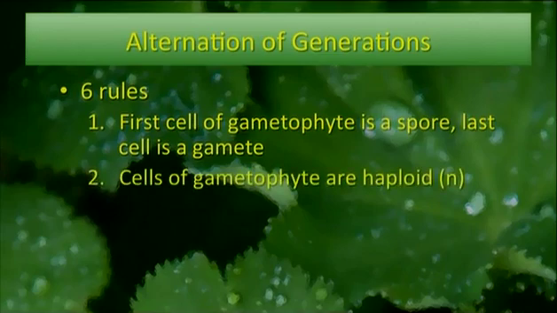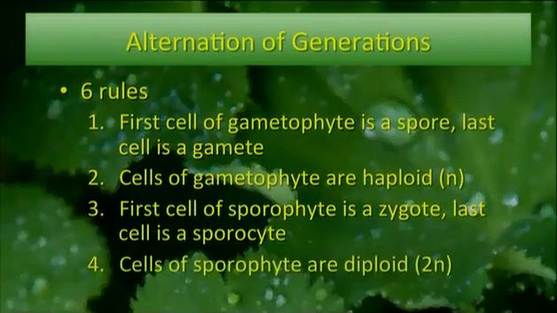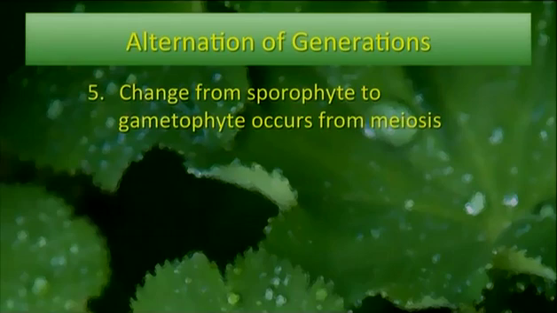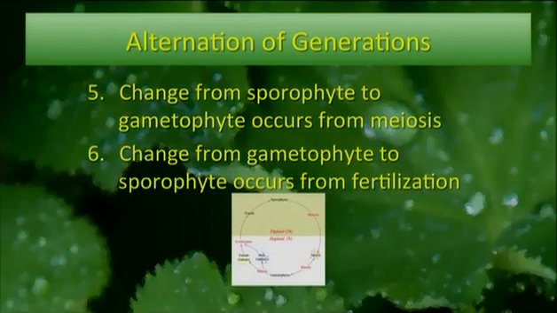Number 2, the cells of the gametophyte are haploid. 3, the first cell of the sporophyte is a zygote, and the last cell is a sporocyte. 4, cells of sporophytes are diploid, or 2N. 5, the change from sporophyte to gametophyte occurs from meiosis. And lastly, number 6, the change from gametophyte to sporophyte occurs from fertilization.